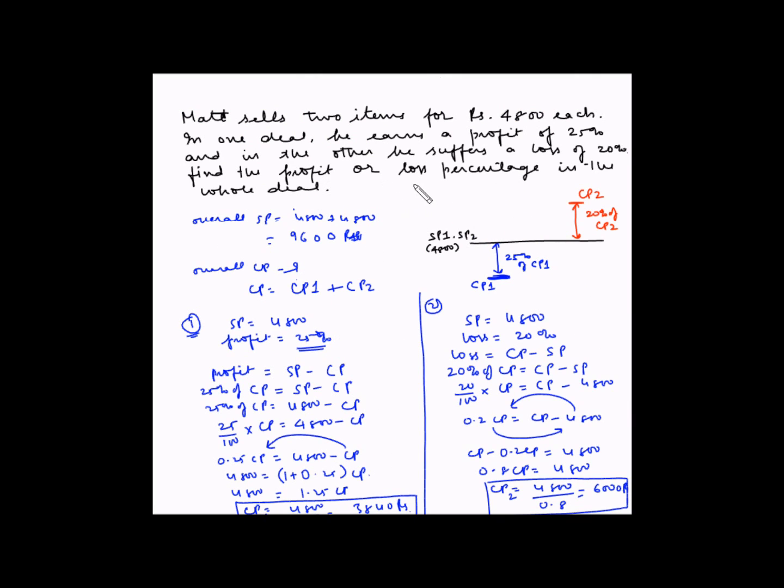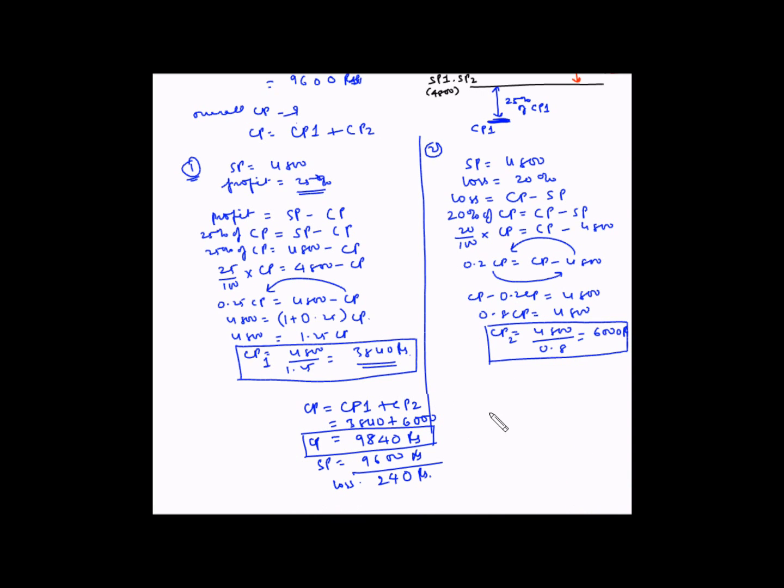So of course we have incurred a loss, and the loss percentage will be expressed in terms of the cost price. So loss percentage is equal to, so loss is 240, and we'll divide this by our overall cost price, which is 9840, and we'll multiply this by 100. So this is 2.44%. So our loss percentage is 2.44%.